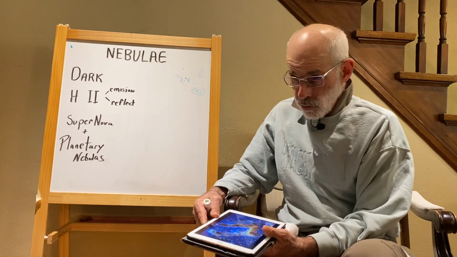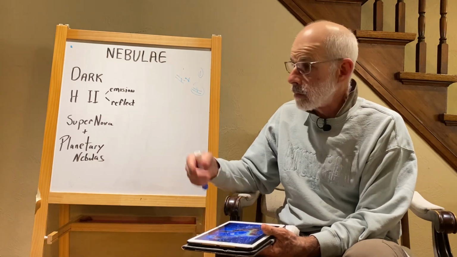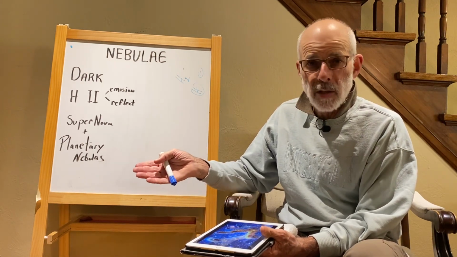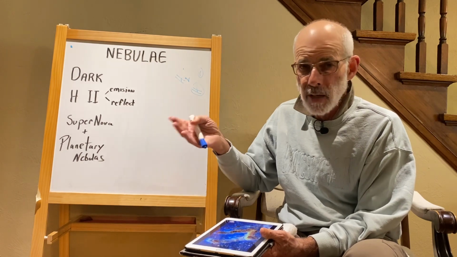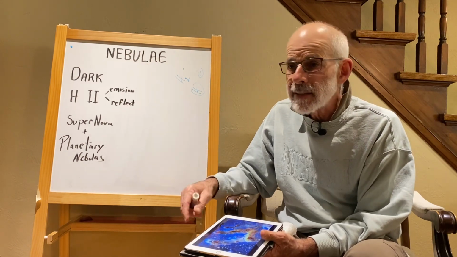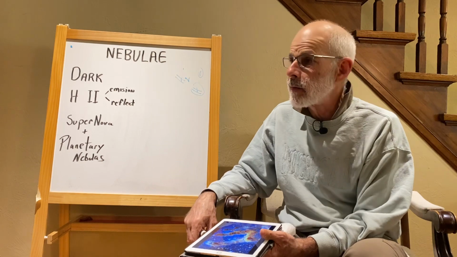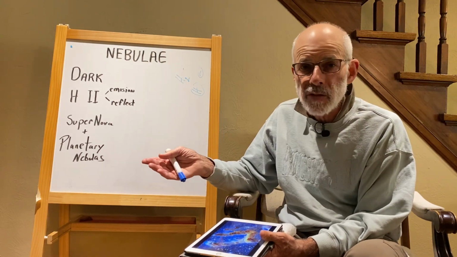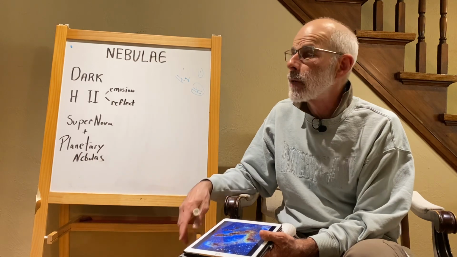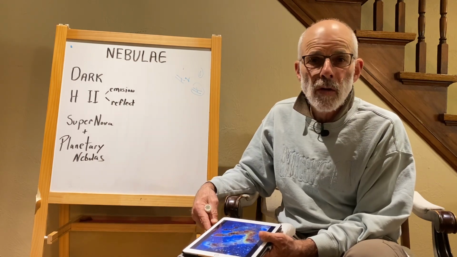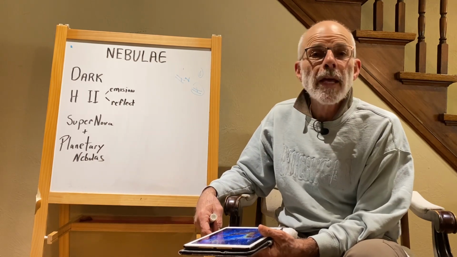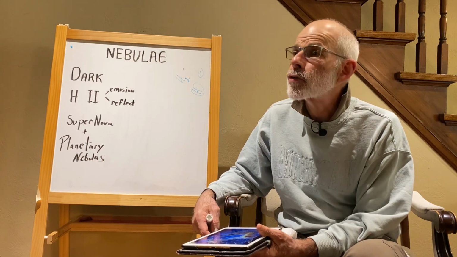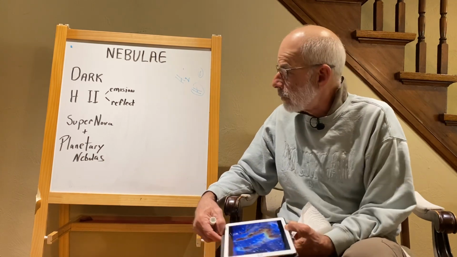So H2 nebula are either reflection nebula or emission nebula, depending on how the light is hitting the nebula involved. Pillars of Creation, the most famous, is in the Eagle Nebula, but of course you've got all sorts of similar H2 nebula distributed around the Milky Way.